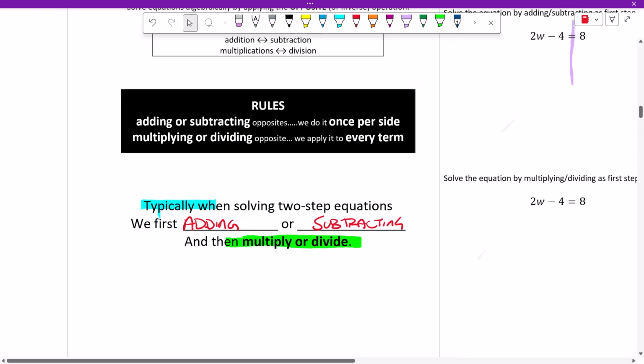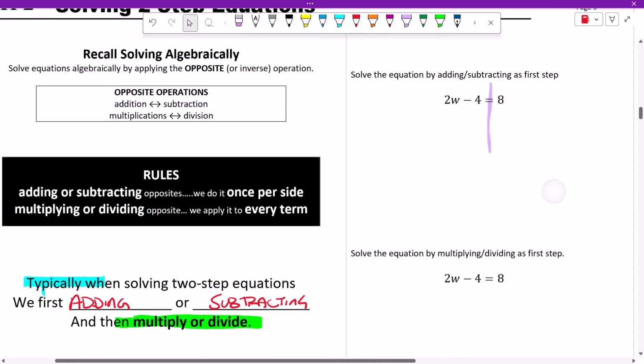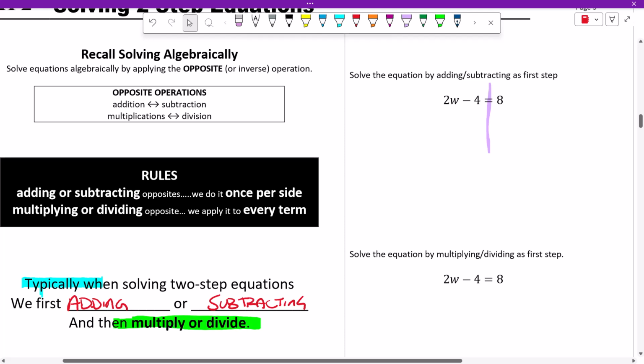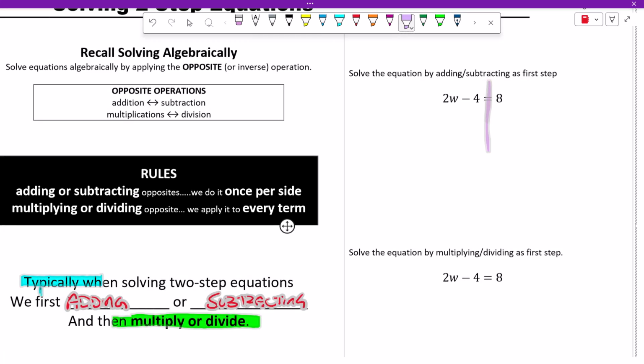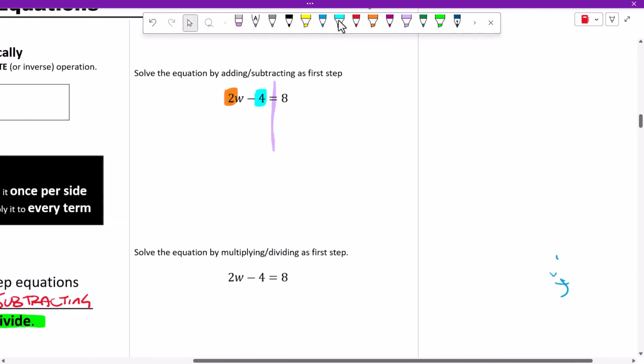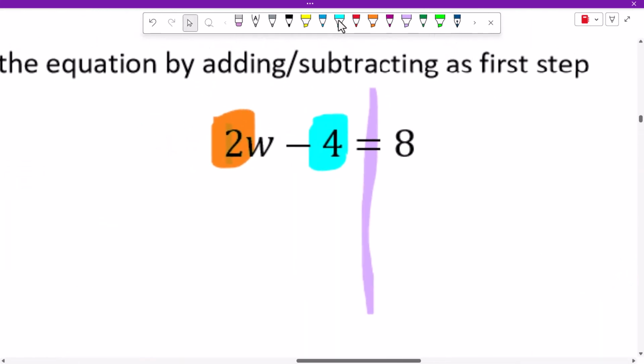So if you go here, and I look at this question, I have a 2 sitting here. Let's do orange and blue. What number do we want to get rid of first? Evelina? The 4, because that one's subtracting to the letter, right?